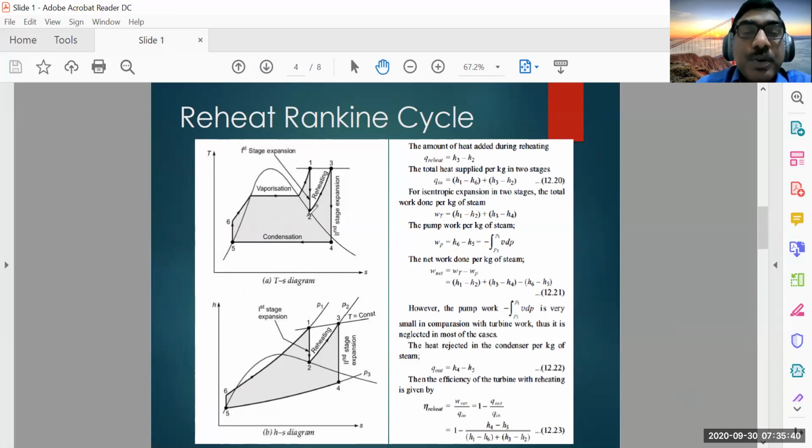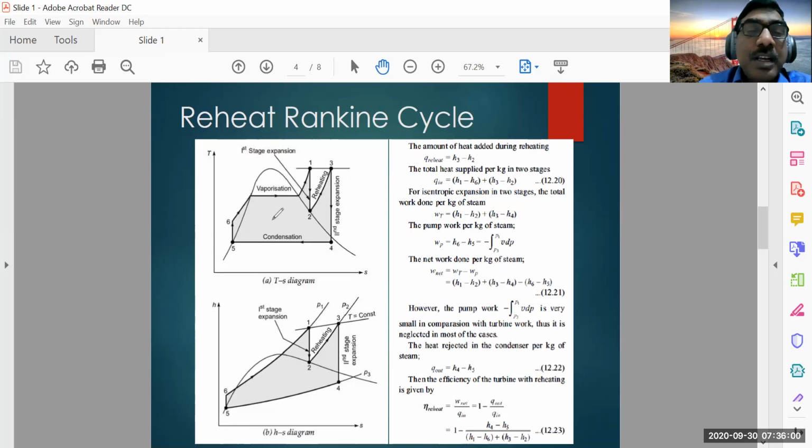So 1 to 2 is the first stage, 2 to 3 is reheating, 3 to 4 is second stage expansion, 4 to 5 is condensation, 5 to 6 is compression of the liquid, and 6 to 1 is addition of heat.